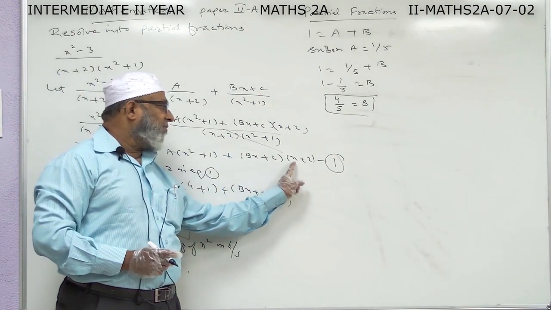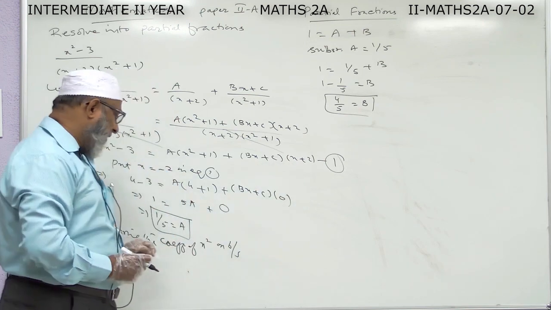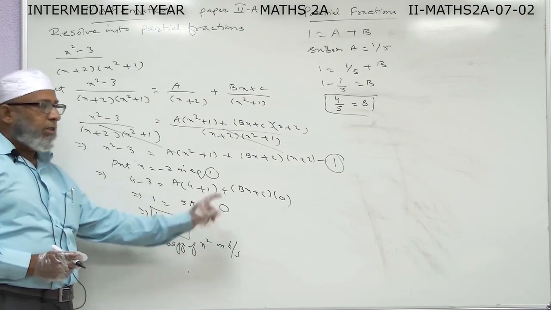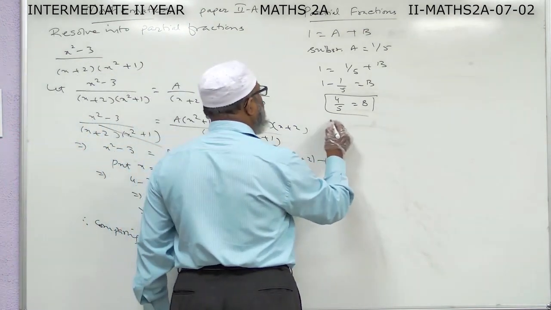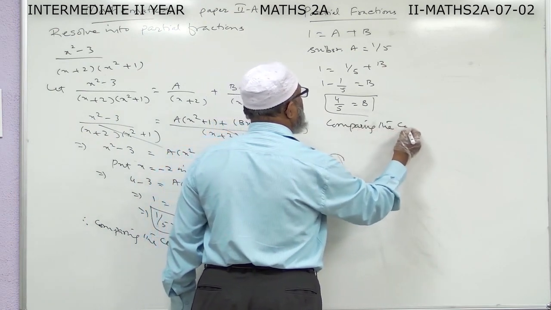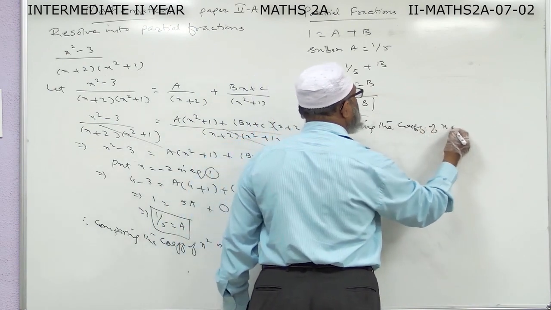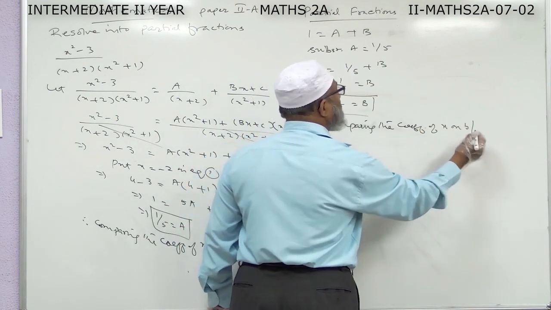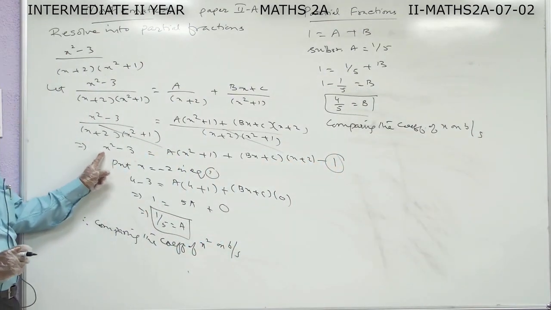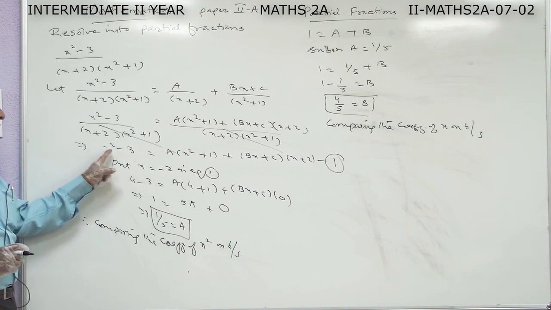Now I want to compute the value of c. What happened? If I multiply this c into x, what happened? The coefficient is x. So as I have compared the coefficient of x square in the previous case, now what I am doing? Comparing the coefficient of x on both sides. Now what is the coefficient of x on both sides? Is there any term of x on the left hand side? No. It is only x square minus 3.